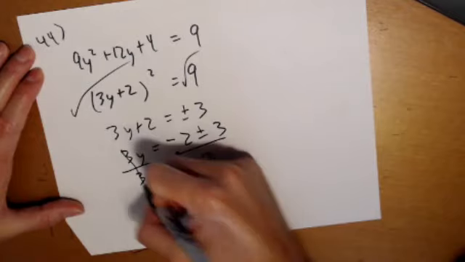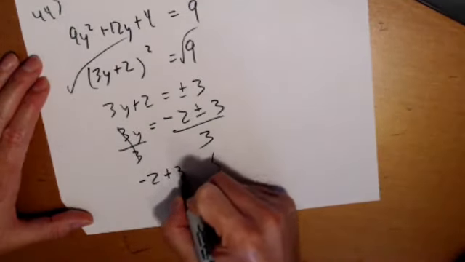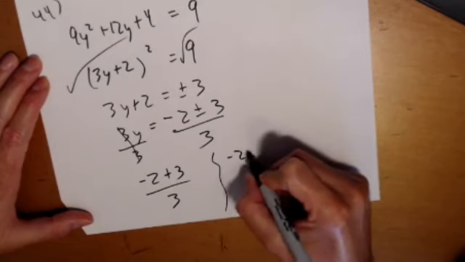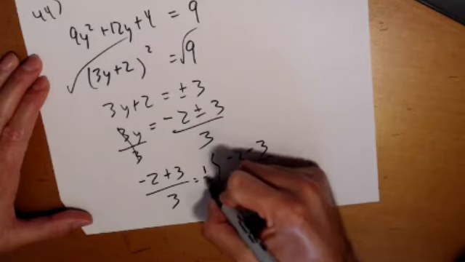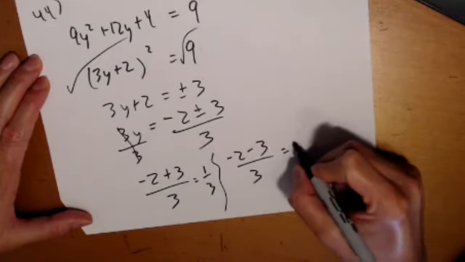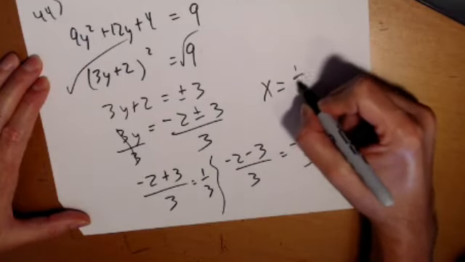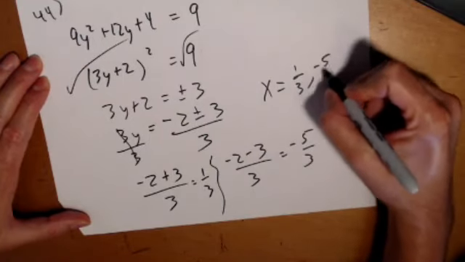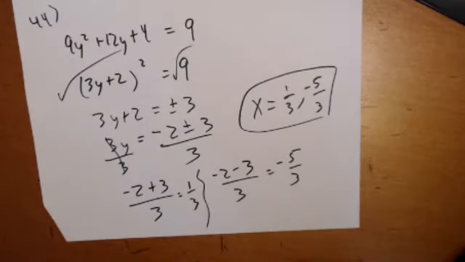So maybe you write it out: negative 2 plus 3 over 3, or negative 2 minus 3 over 3. So this would be 1/3, and this would be negative 5/3. So y is 1/3 or negative 5/3. That's about as difficult as it's going to get.